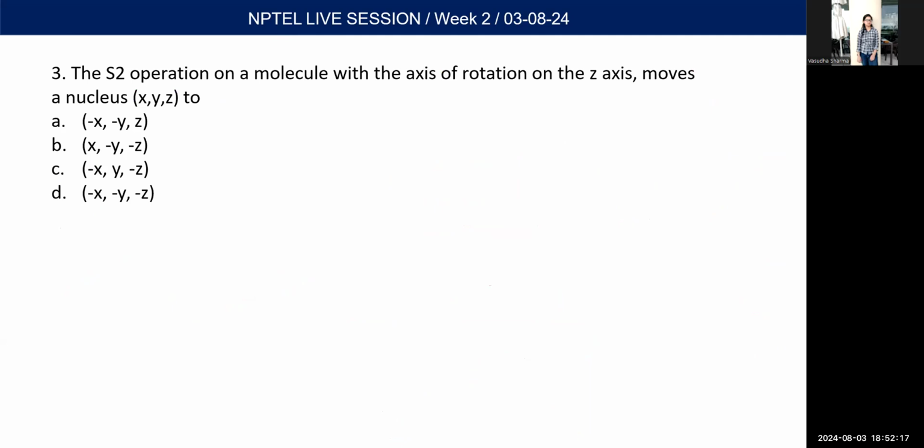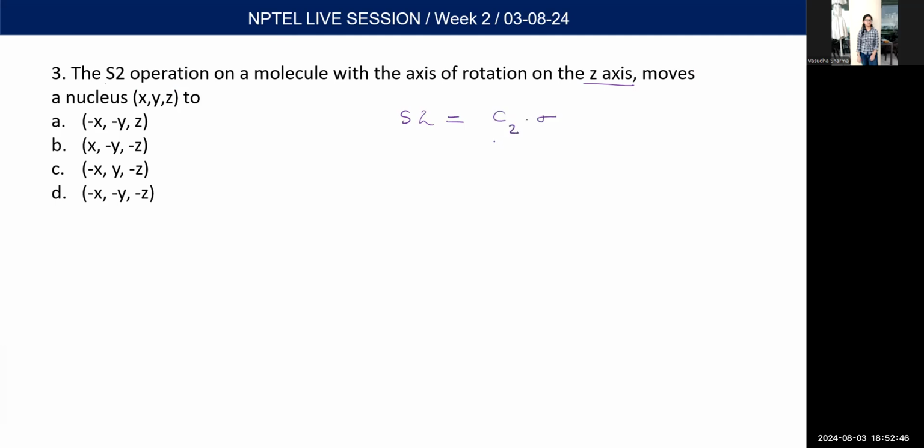Now there is a question that says if we have an S2 operation on a molecule with axis of rotation on the Z-axis, move the nucleus XYZ. So we know that S2 we are talking about. S2 is C2 into sigma.